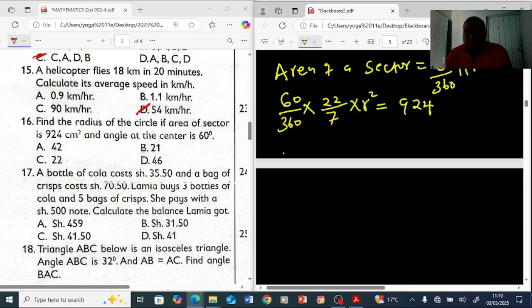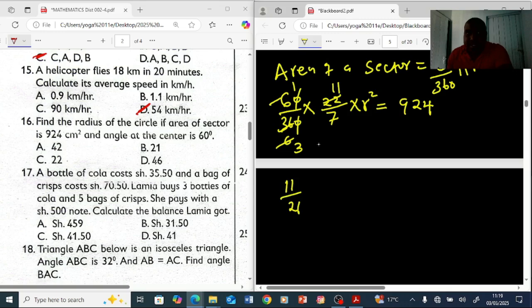Now we can cancel: 6 here, 2 can go here 3 times, 2 can go here 11. Now we will have 11 over 21.